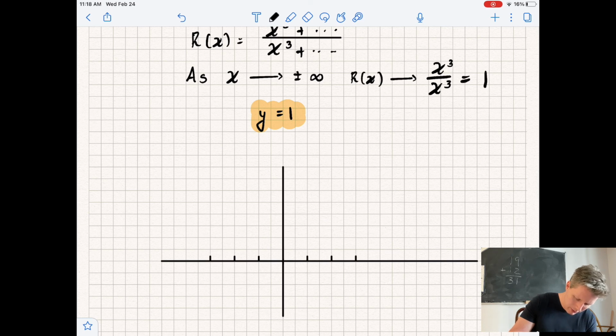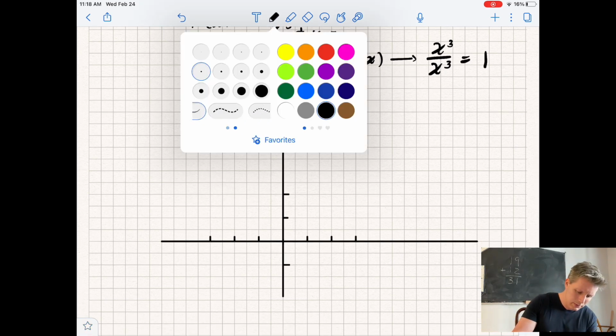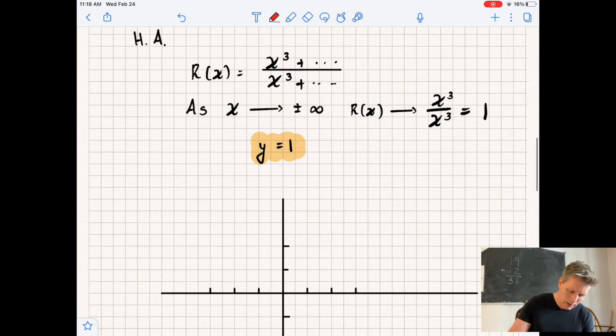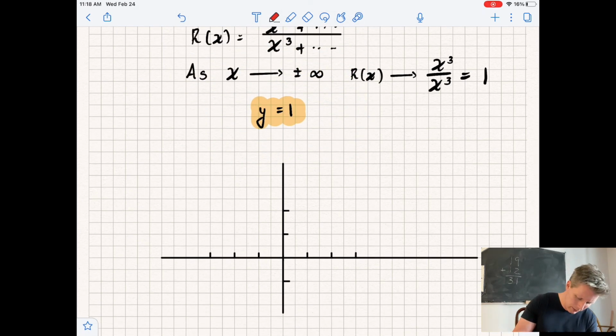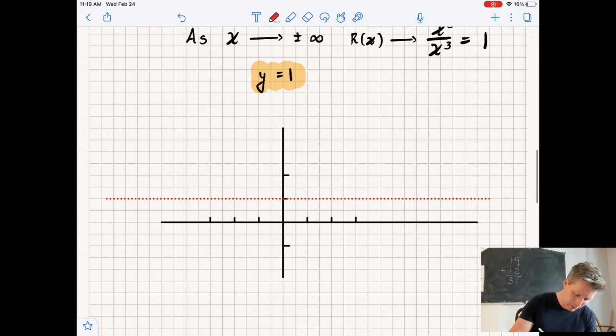I'm going to just graph it here first so I can maybe get a sense of what it should look like. All right, so I put in my asymptotes. I have y is equal to 1, so I will have an asymptote here. It will be my horizontal asymptote. My vertical asymptote is at x equals negative 3, so I will have an asymptote here. And so those are my horizontal and vertical asymptotes.